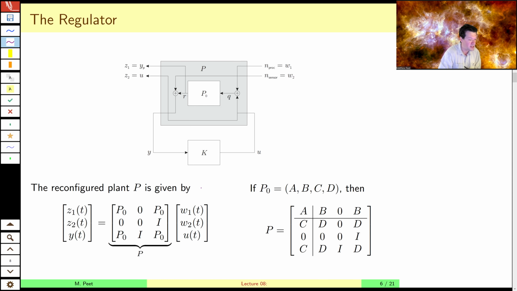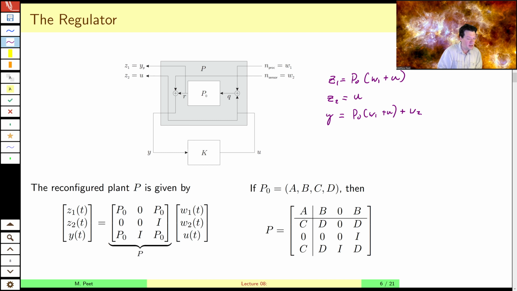So let's write down those equations. I guess I actually lost them from the previous slide, so we can just write them down. Well, Z1 is the output from the plant, which is P naught, which acts on W1 plus U. We have the second output, Z2, which is just U. We have the sensed output, which is the output from the plant, P naught acting on W1 plus U, corrupted by sensor noise, which is W2.